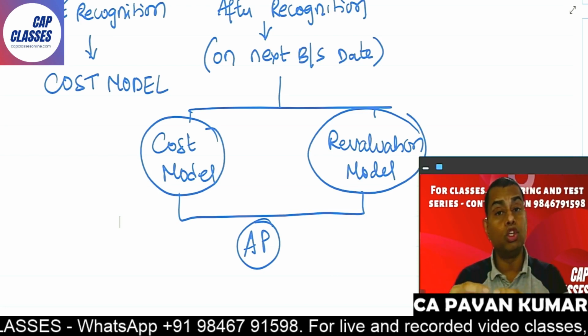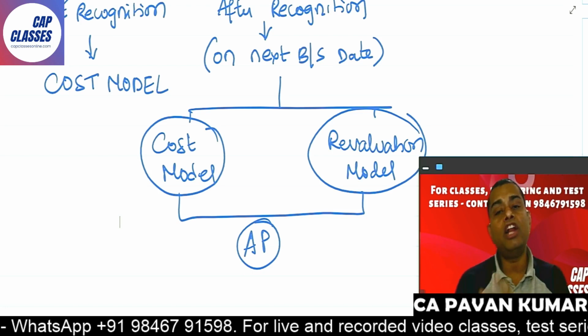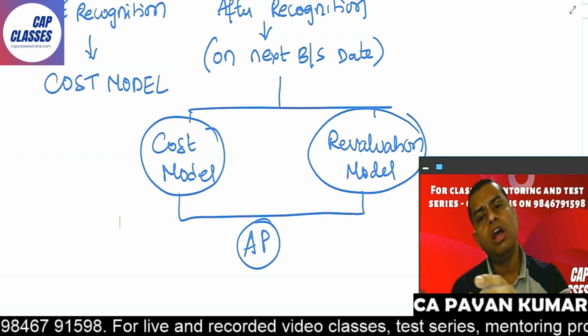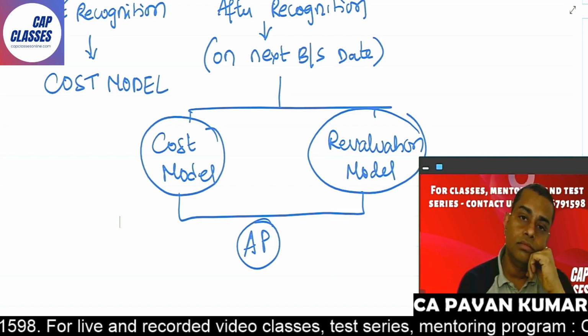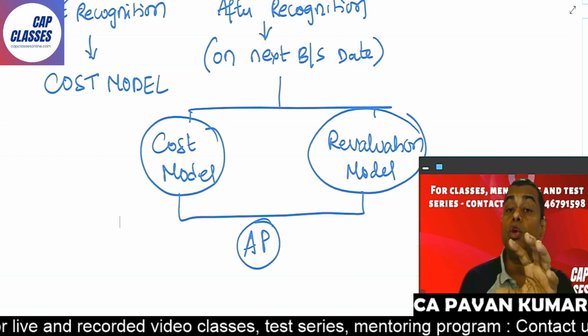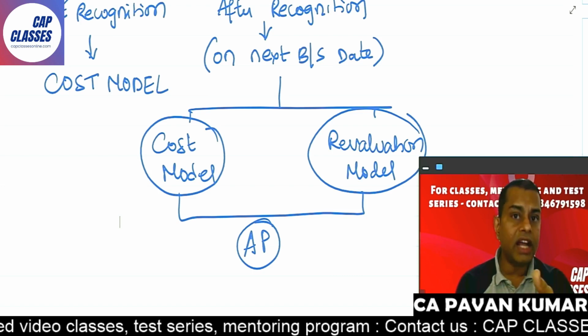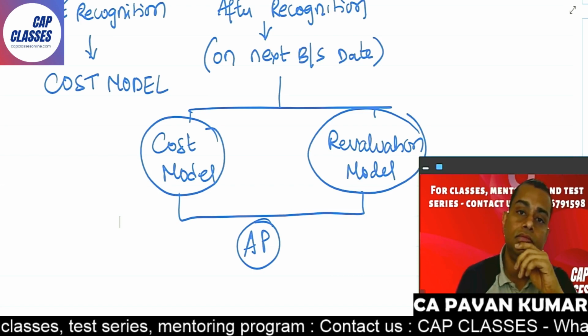For example, in March 2023, I'm revaluing my land 1. You need to do revaluation of land 2 also around about the same time. So you cannot follow different accounting policies for the same class of assets.